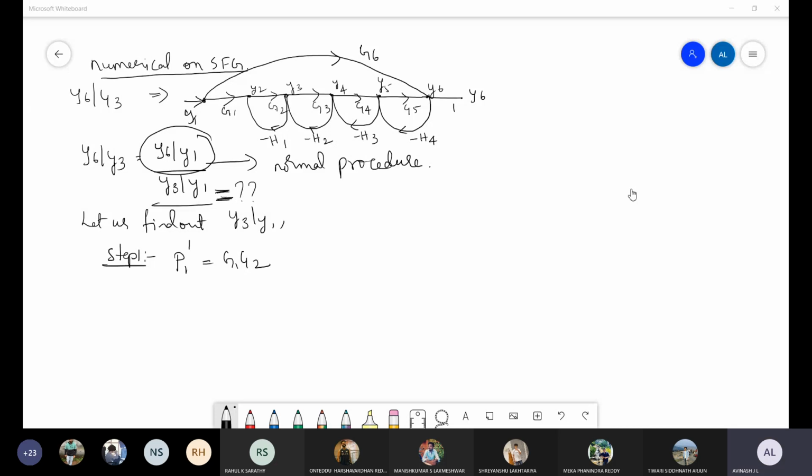Manish Lakshmishwar, Manoj HM, yes sir. Manoj Deep, yes sir. Panindra, yes sir.